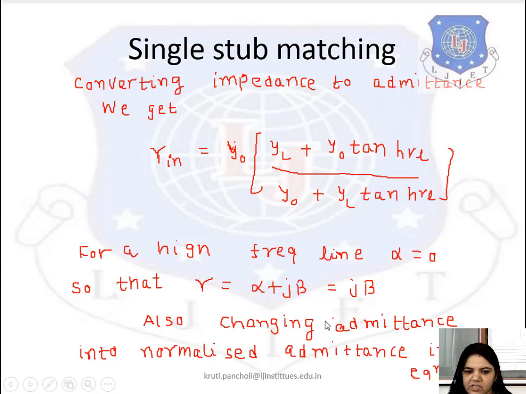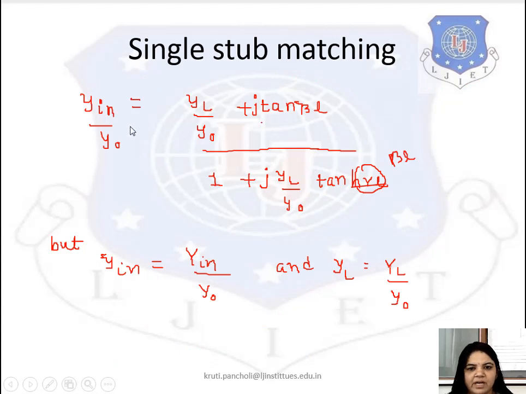Now we change the admittance to the normalized admittance, as we have seen in the Smith chart, by dividing by the characteristic admittance. So Yin upon Y0 is equal to (YL upon Y0 plus j tan beta L) upon (1 plus j YL upon Y0 tan beta L).